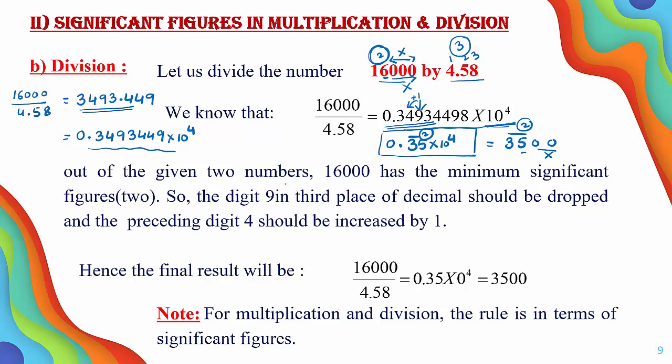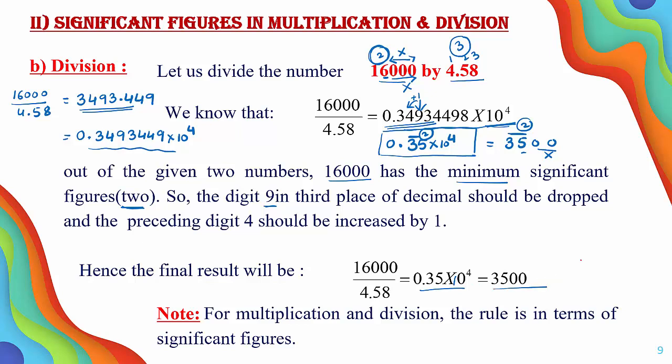Right? Out of the given two numbers, 16,000 has the minimum significant figures. That is, it has only 2 significant figures. So the digit 9 in the third place of the decimal should be dropped and the preceding digit should be increased by 1. So we get the final answer 0.35 into 10 raised to 4, or we can write 3,500.